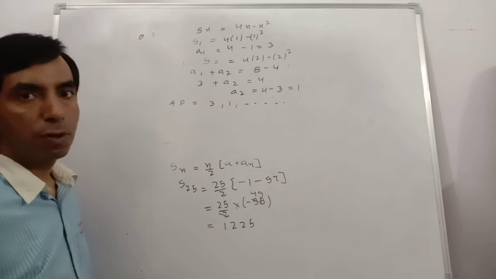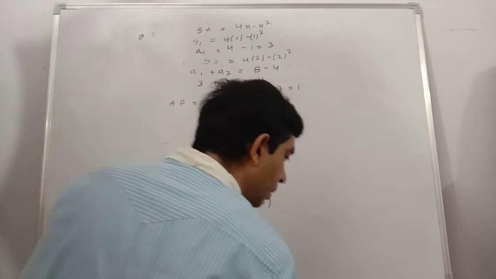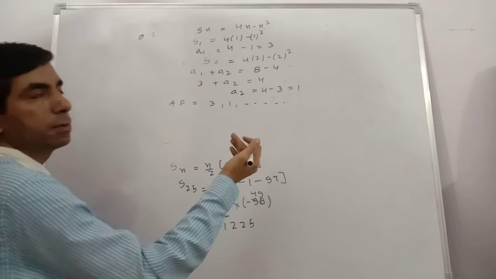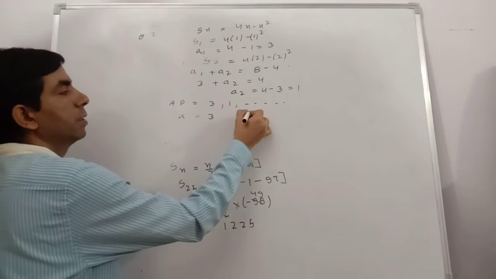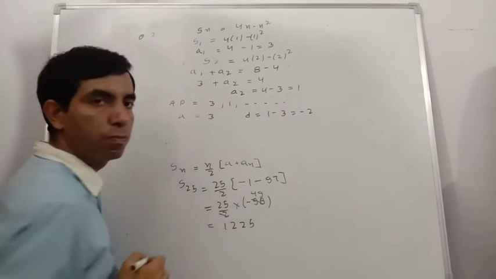For calculating any terms, first we write A is 3, D is 1 minus 3, which is minus 2.